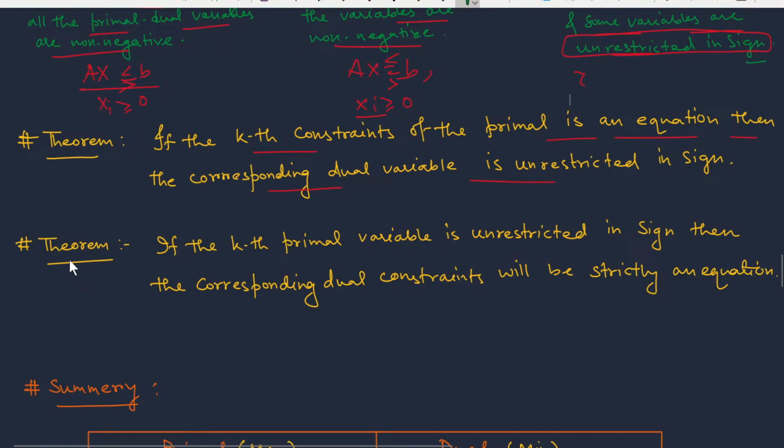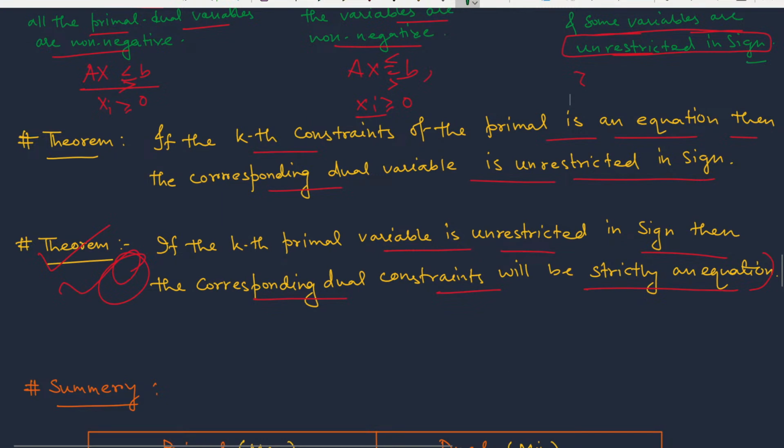Then theorem 2 says that if the kth primal variable is unrestricted in sign, then the corresponding dual constraint will be strictly an equation, okay. So this is the case.